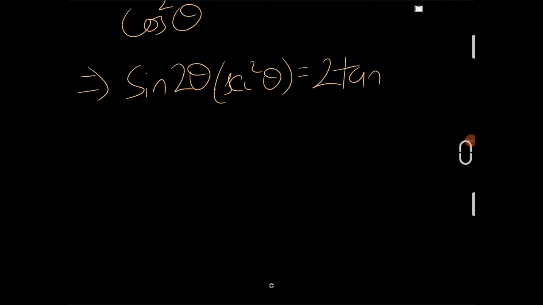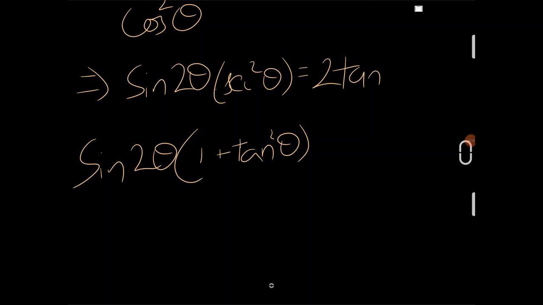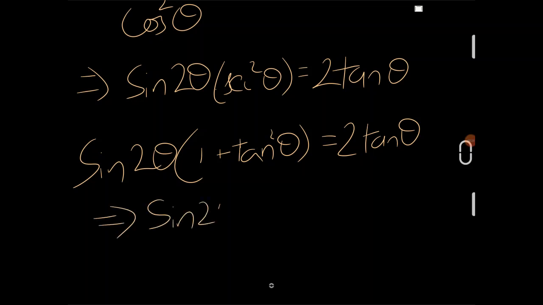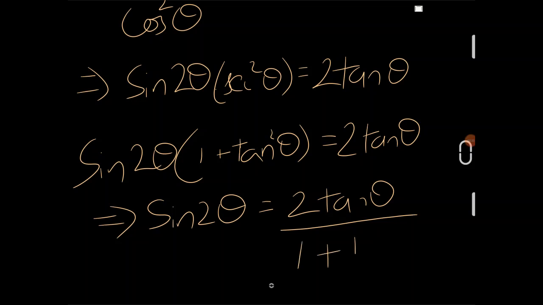Sec square and tan we know, right? We know what relation is there. So that means sin 2 theta into (1 plus tan square theta), since sec square theta is equal to 1 plus tan square theta, is equal to 2 tan theta, which implies sin 2 theta is equal to 2 tan theta divided by 1 plus tan square theta.